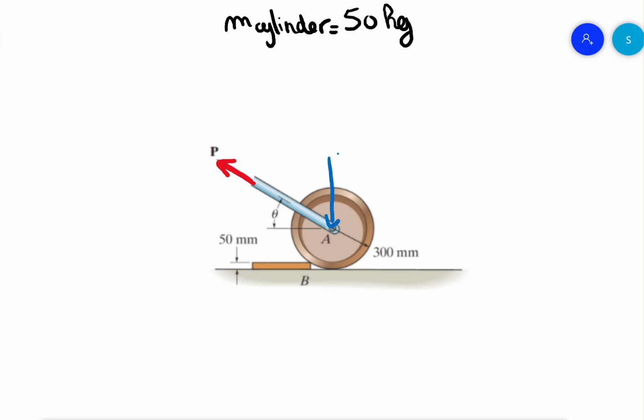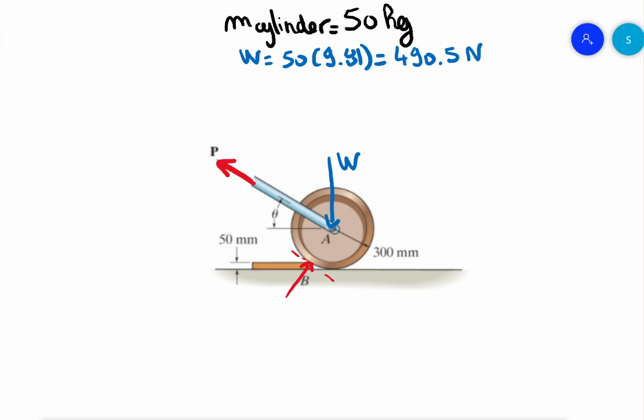We have the weight, so let's find the weight: 50 times 9.81, which is 490.5 Newton.